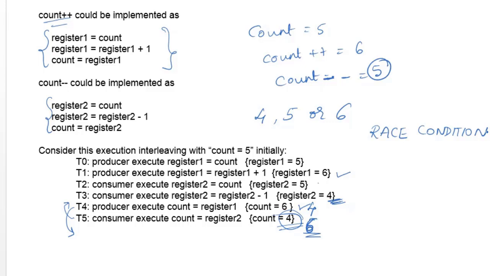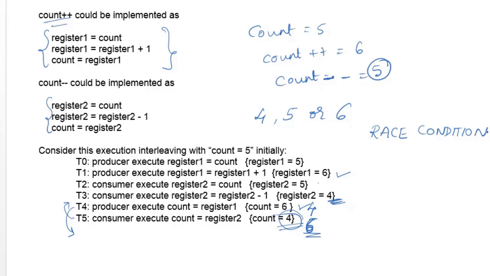To prevent the race condition, we need to ensure that only one process is able to manipulate the shared memory at any given instant of time. We are allowing two processes in the producer-consumer problem to manipulate the same data. What was the shared data there? Count.